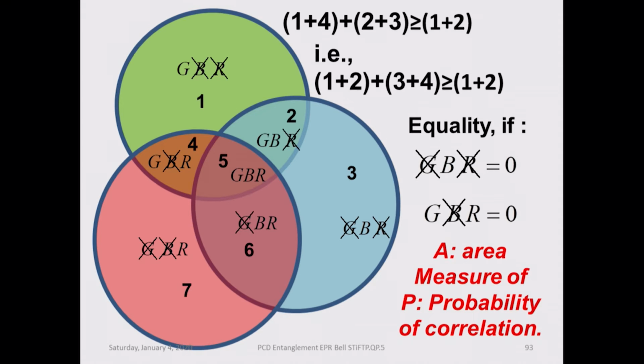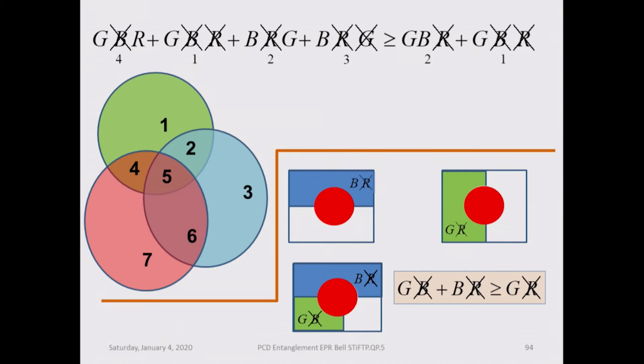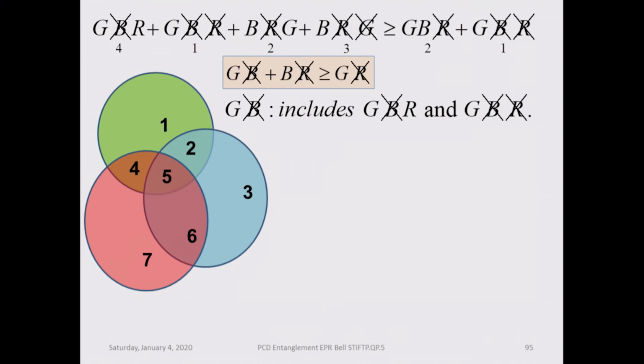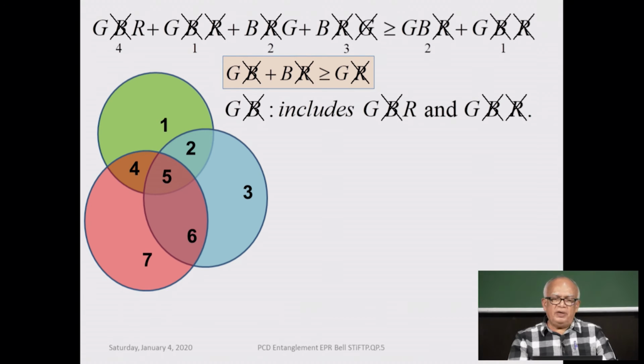Okay, whether or not you measure those properties, they have a place, and with reference to them you are led to these inequalities. So, you can see it in terms of these square circles or in terms of this other picture, and in both you are led to this inequality. That G not B plus B not red is greater than or equal to G not red.